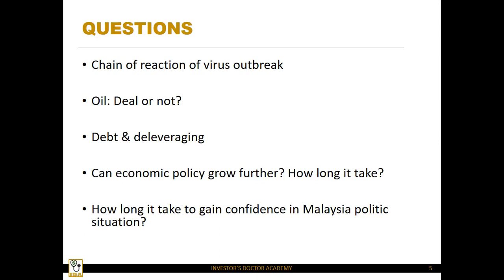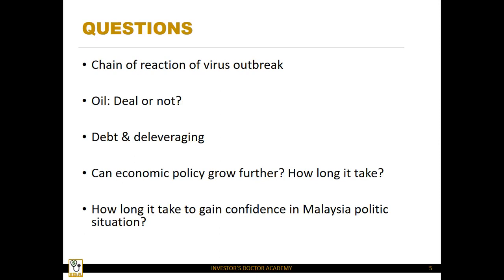Because the difference between this event and the last event is that during the last time, 2008, yes, the economy was bad, but people still could continue to work, and businesses still could continue to operate and generate income, to stimulate the money flow in the market.